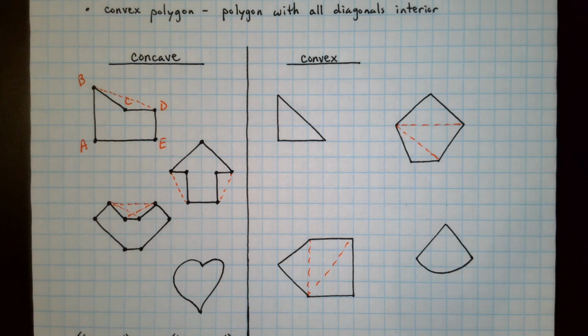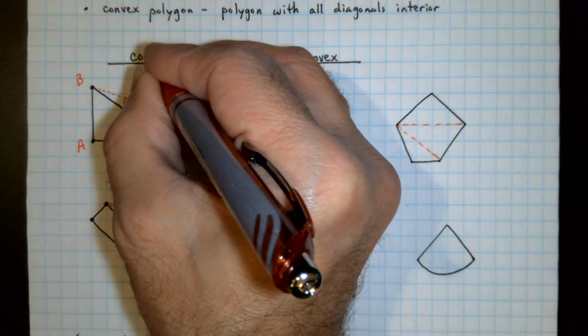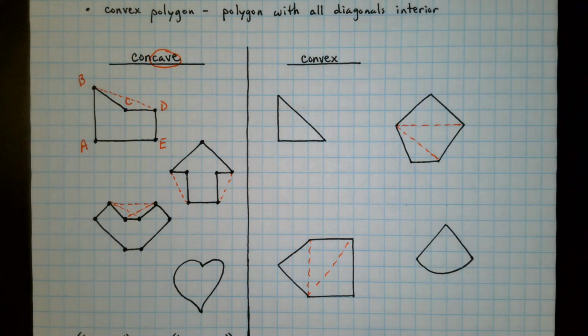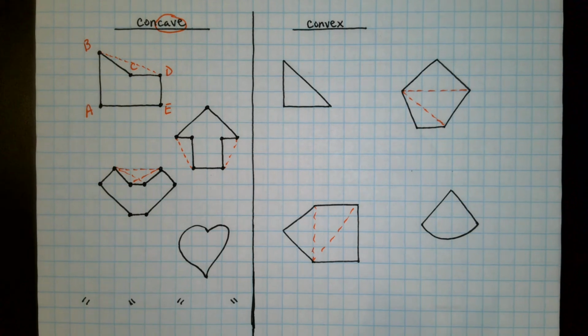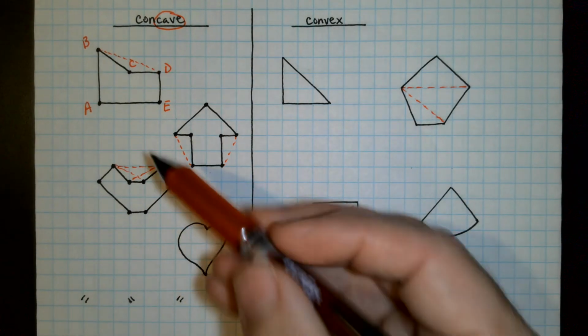Well, sometimes that idea of diagonals is a little hard to remember. So another way that we look at it is we think about inside this word concave, we have the word cave. So if you think about something caving in, that means it's turned in on itself.